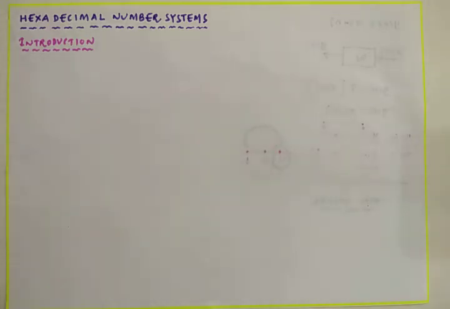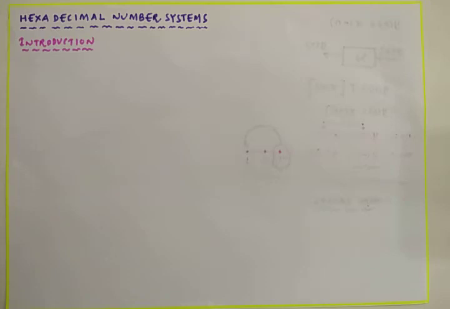Although the hexadecimal number system is somewhat more difficult than the octal number system, it has become the most popular means of direct data entry and retrieval in digital systems. The hexadecimal number system is a positional weighted system.